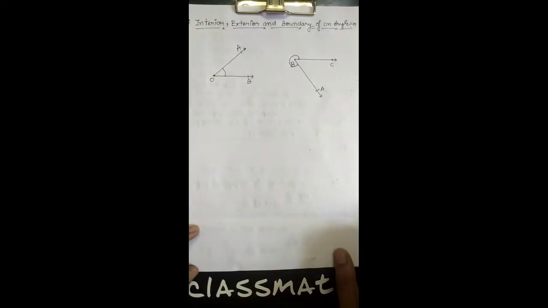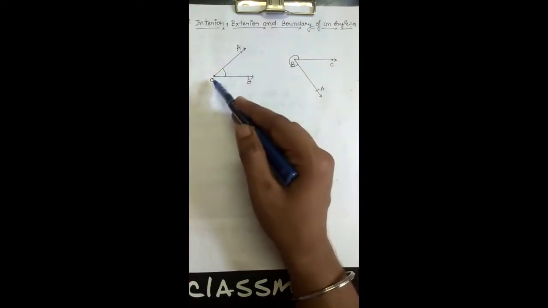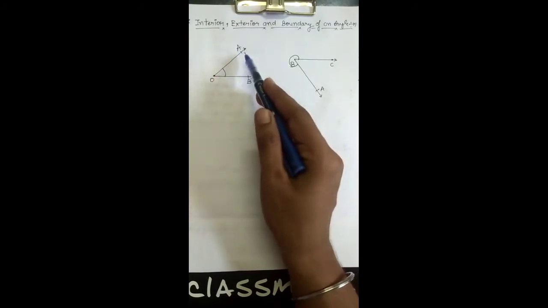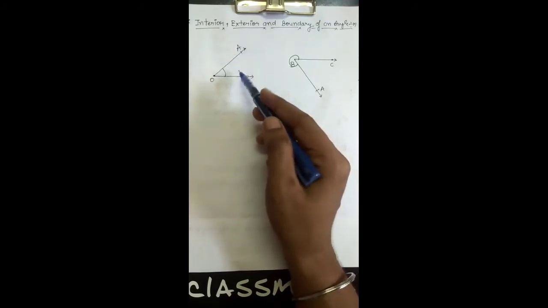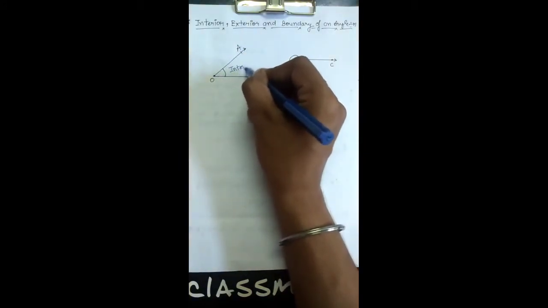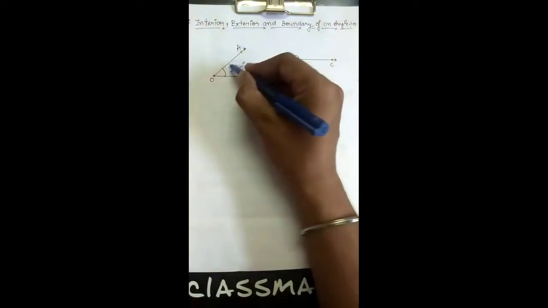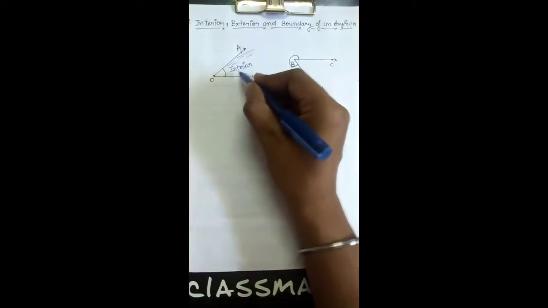Now students, our next concept is interior, exterior and boundary of an angle. You can see I am taking this angle, this acute angle AOB. In the case of an acute angle, the interior region will be this part. Interior part can extend in this direction.